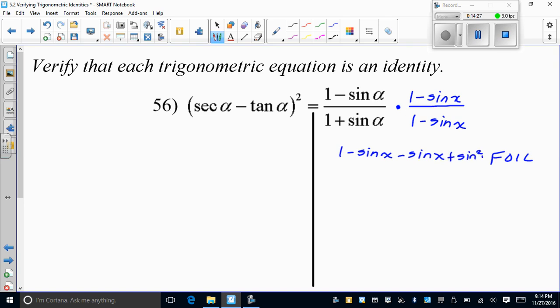Over 1 times 1 is 1. 1 times negative sine of x. Positive sine times 1, positive sine of x.